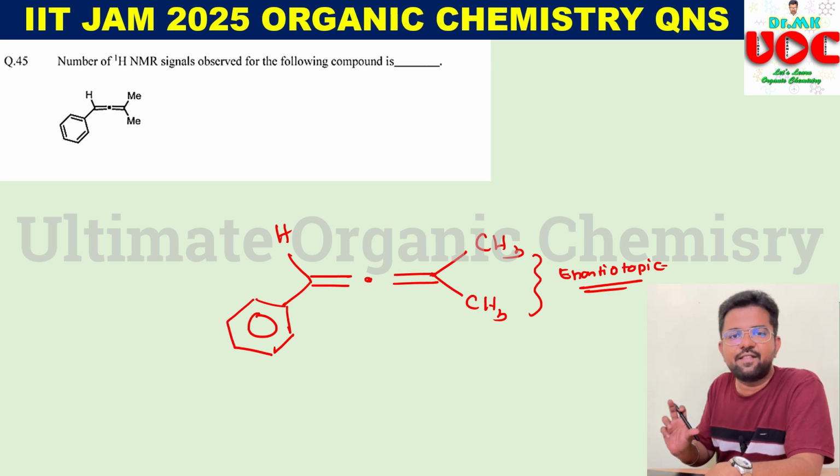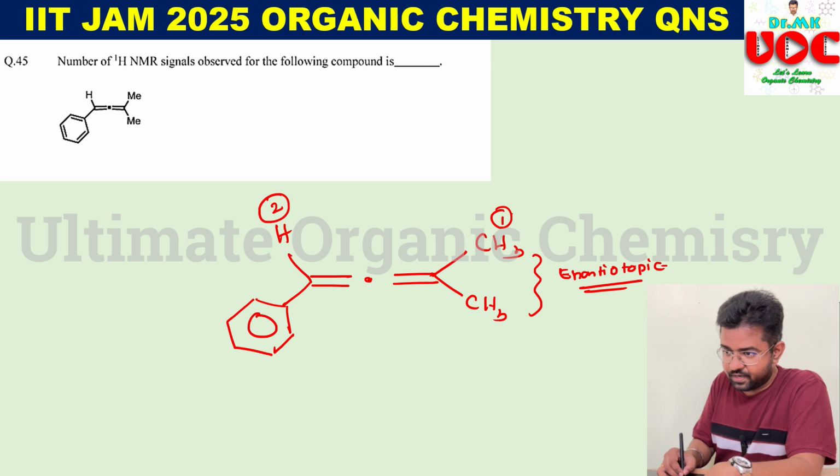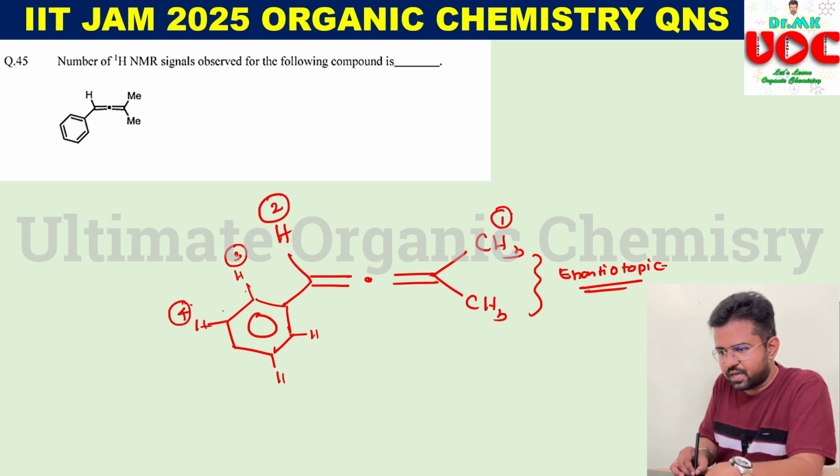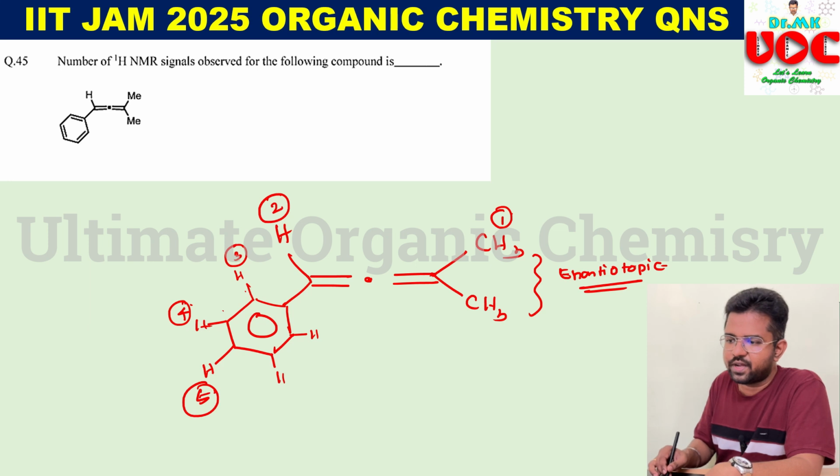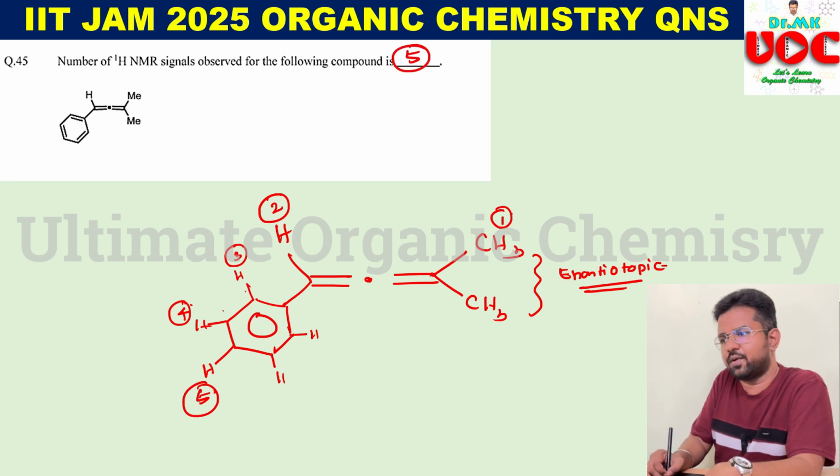That means they will not give separate peaks, they will give a single peak only. So these two will combine together and give a single peak. The alkene hydrogen will give the second peak, and these two are in the same environment, so they will give the third peak. These two hydrogens are in the same environment, that is the meta position, so they will give the fourth one, and this hydrogen at the para position is in a different environment, so it will give the fifth peak. So you are going to get 5 peaks in the molecule.